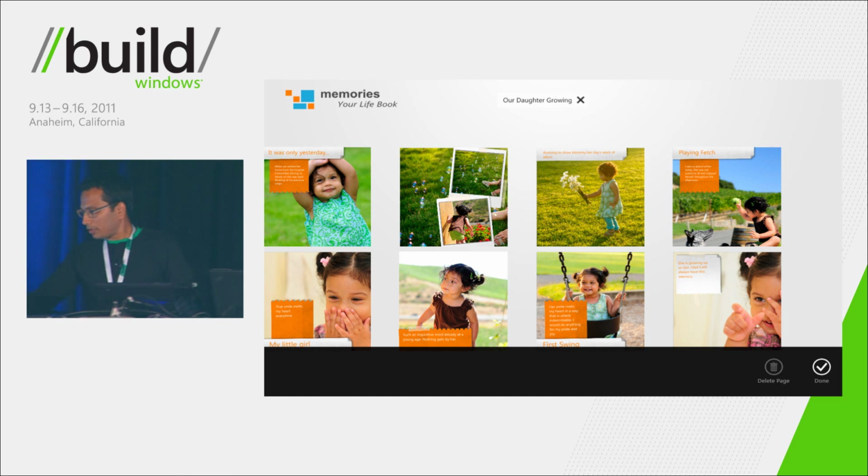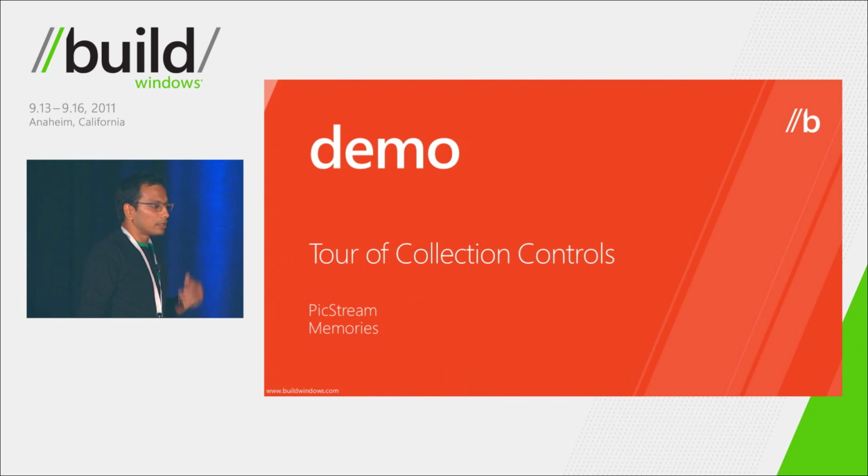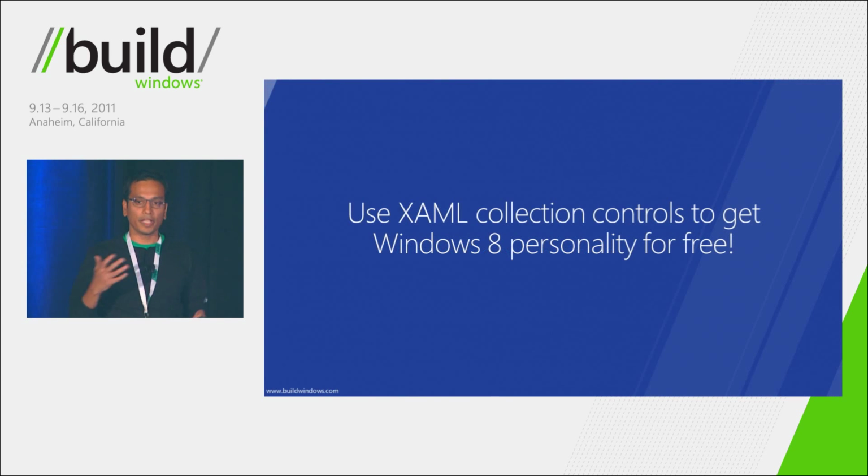All right, let me get back to my slides. As you see that, the personality of Windows 8 shows in collection experiences as well. The features that we talked about, animations, panning, touch support, the Windows touch gesture support, all of that comes built in with your out-of-the-box collection controls.